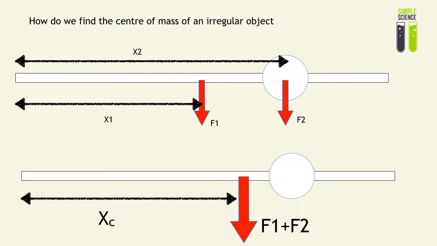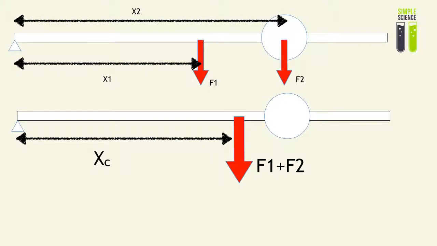What we do is we take moments about a certain pivot, and we say that if these forces F1 and F2 can be replaced by one force acting at the center of mass, then surely if we take the pivot at any particular point on the object, it will create the same total amount of moment.